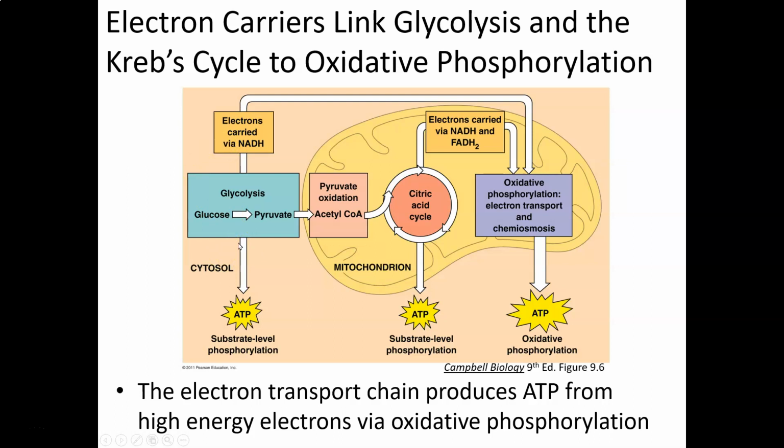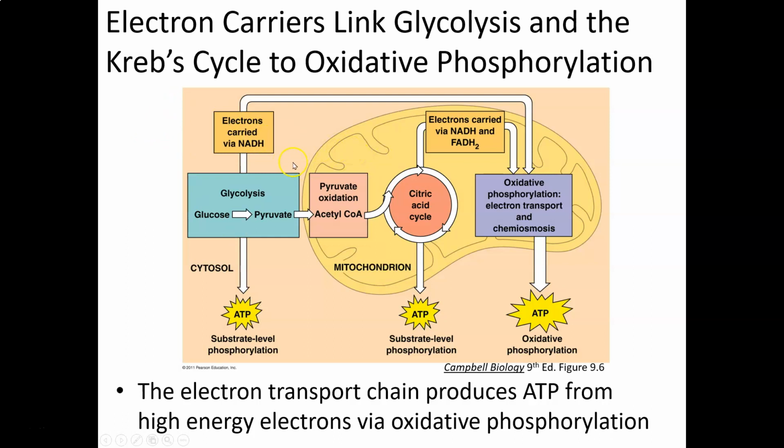And again, going back to the biomolecules, all nucleotides have a couple of things. They have a sugar, which is polar. They have a nitrogenous base, which is polar. They have a phosphate, which is polar. So nucleotides tend to be very polar. So NADH, which is a nucleotide, cannot pass through the mitochondrial membrane.